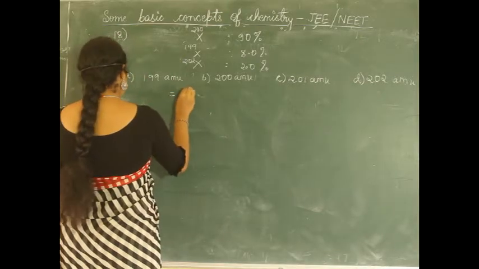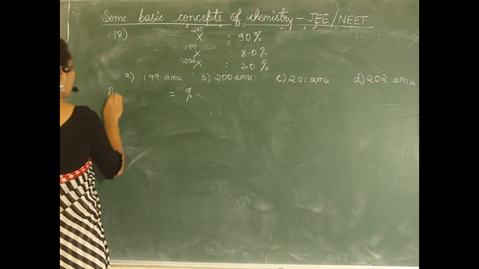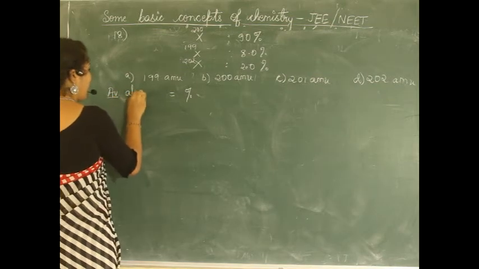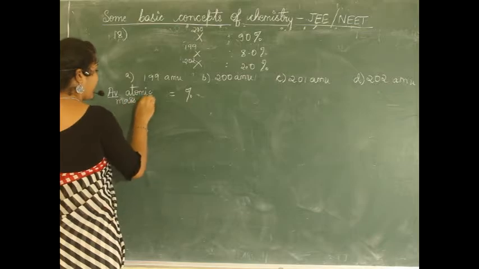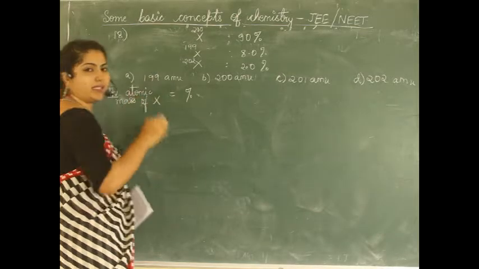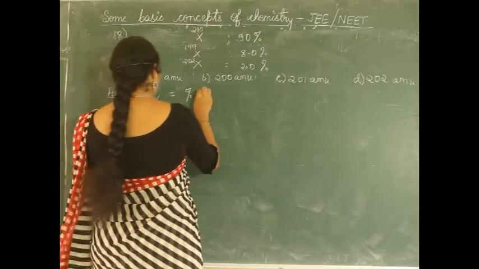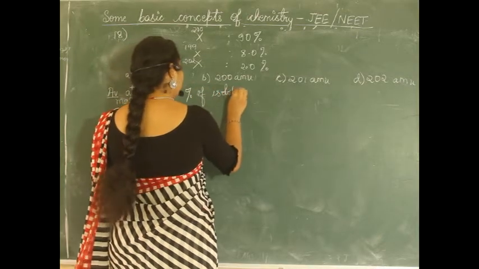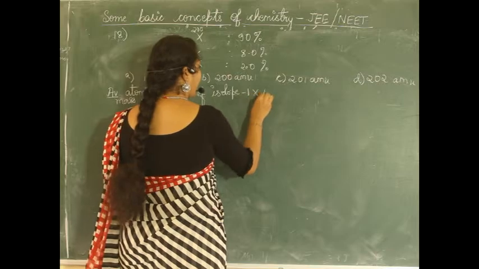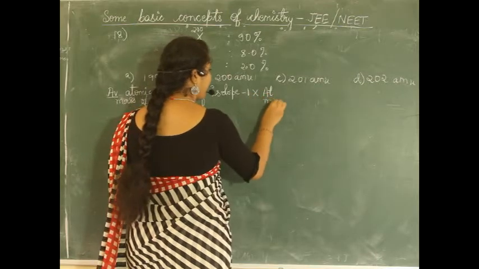Now let us see the formula for the average atomic mass of X. Let us consider all the isotopes here. So percentage of isotope 1 into its atomic mass. Are you getting the point?